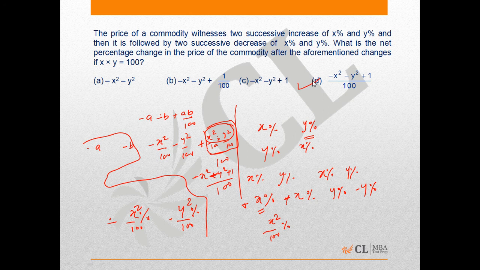And we know that there is a case of decrease, so it has to be greater than or equal to 0.